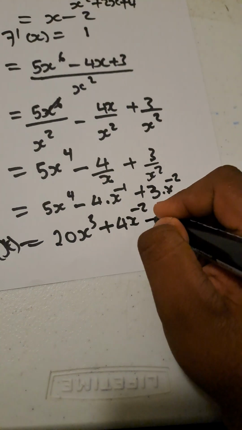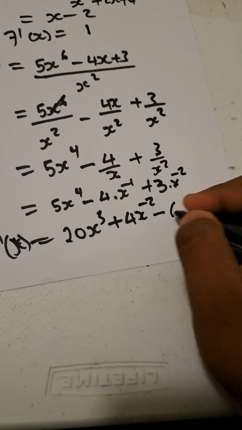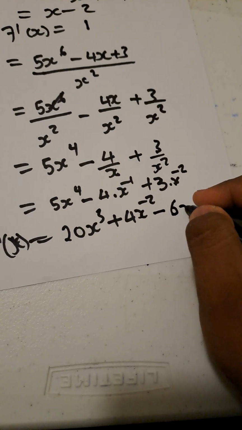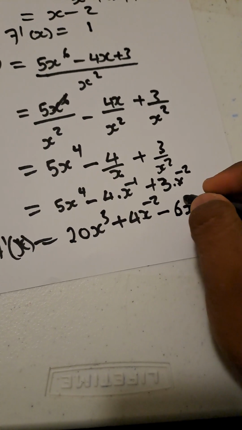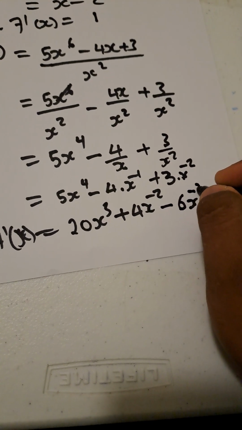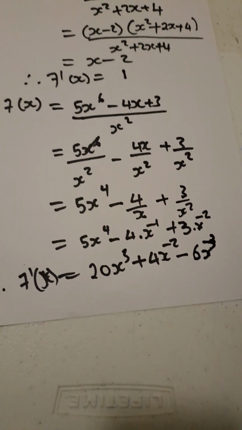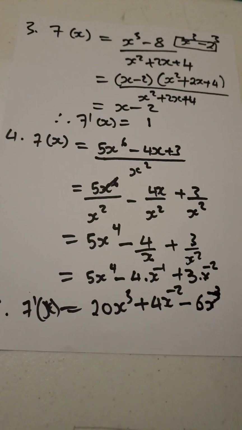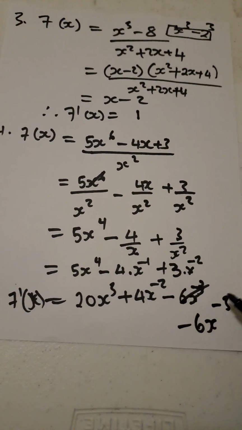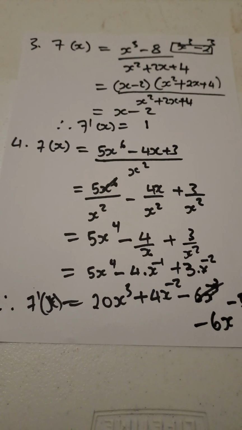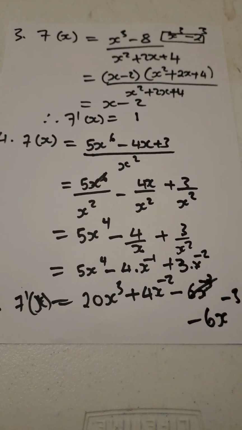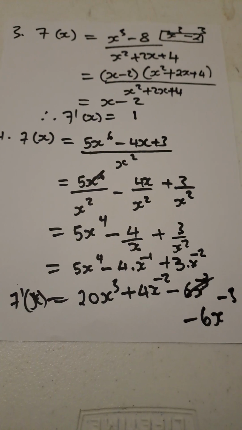Then minus 6x to the power of minus 3, because minus 2 minus 1 is minus 3. So these are the few examples that I wanted to show you guys. I hope you enjoyed. Thank you.